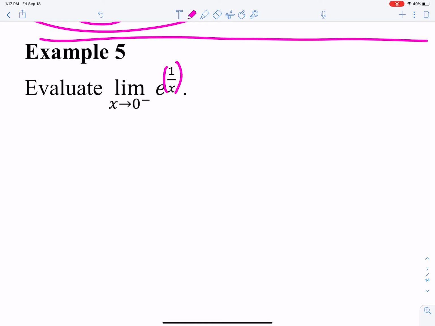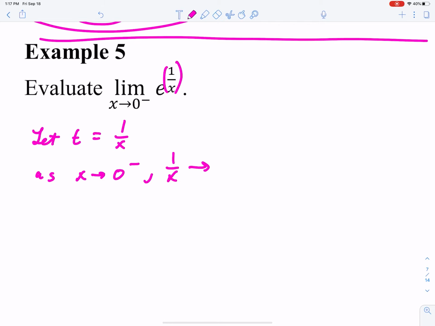So what we need to do here is a substitution first. We're going to say let t equal 1 over x. Since we're changing the variables, this is a kind of a preview to Calc 2. You'll see this stuff a lot in Calc 2. So if t is 1 over x, as x approaches 0 from the left, because that's the limit we're doing here, 1 over x is going to approach what?